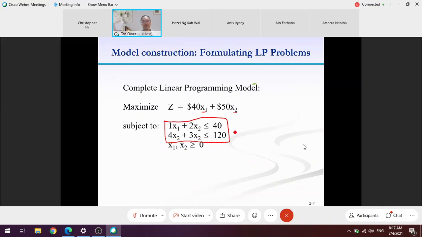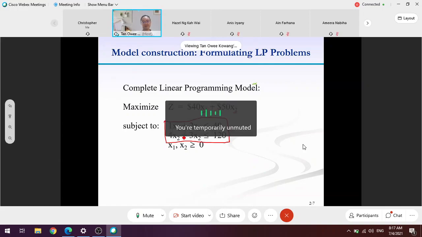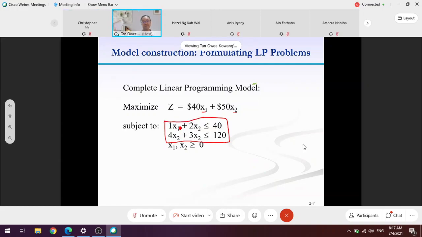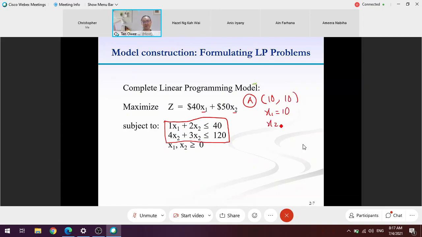Betul, sebab this is a decision variable. I can replace x1 with any number, x2 with any number. Example, case 1, I replace x1 with 10, x2 with 10.